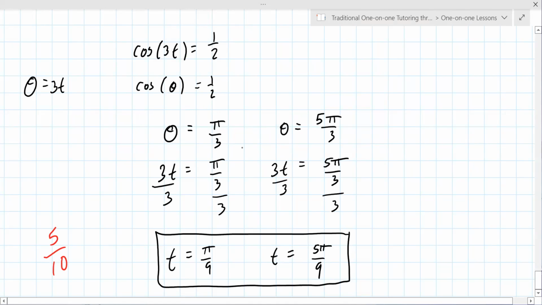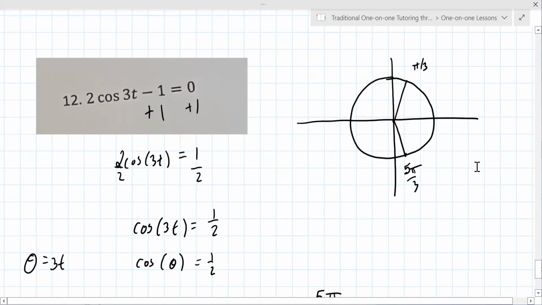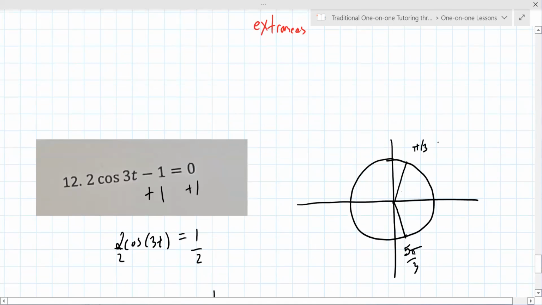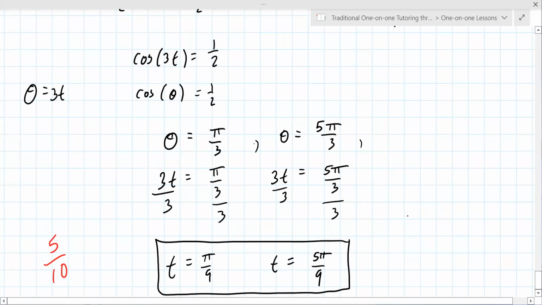All right, and there's a couple ways to do it. What I like to do is just keep writing the answers. So it's not that pi over 3 is the answer. It's pi over 3 plus, if I go all the way around again, plus 2 pi is also an answer. And that's 7 pi over 3. So I look at now 7 pi over 3 as an answer. And when you divide it by 3, you get 7 pi over 9.